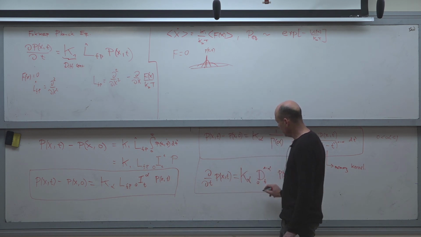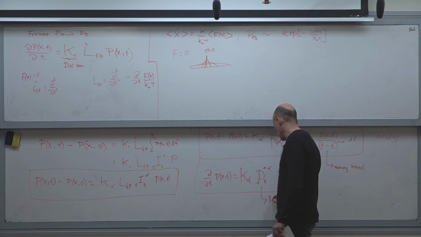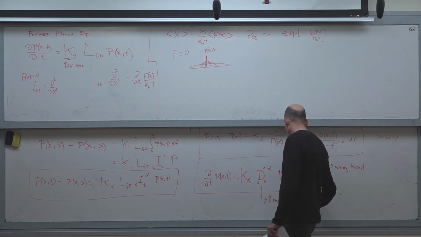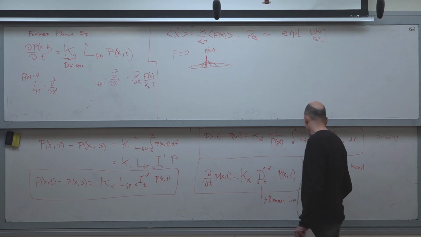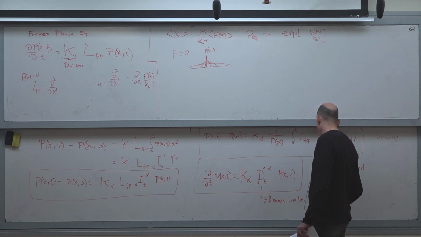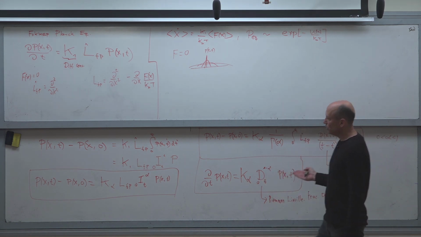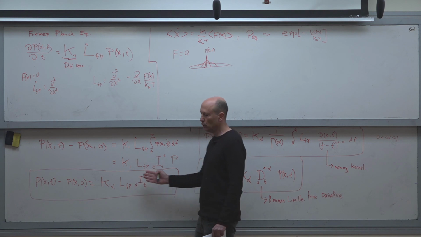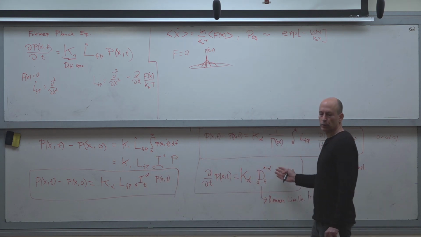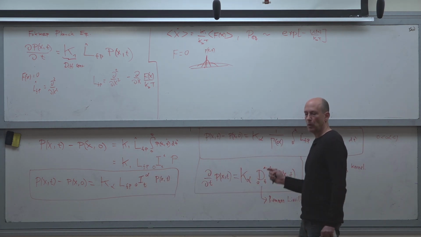This derivative here is called the Riemann-Liouville fractional derivative. So you can write the equation either as an integral with a fractional order integral or with a fractional derivative.